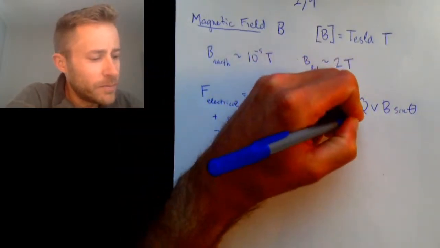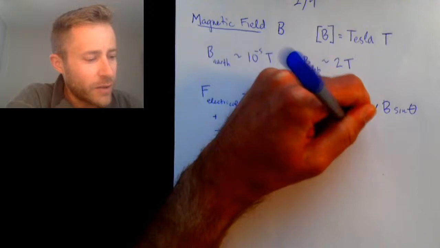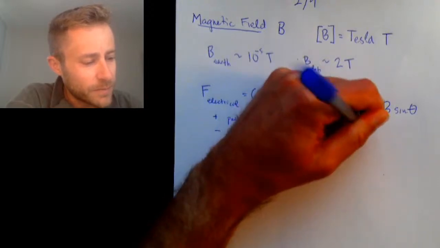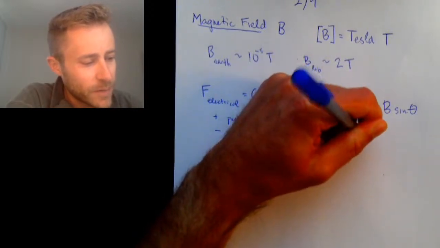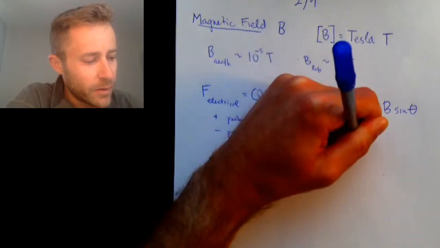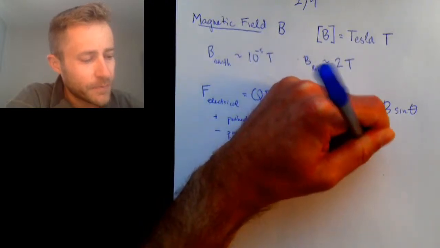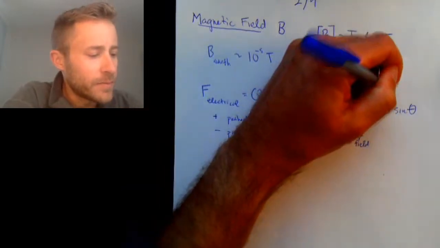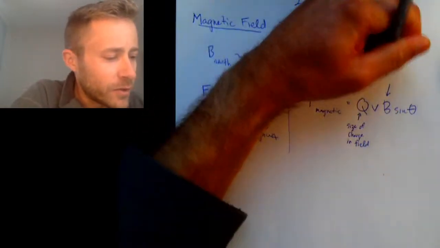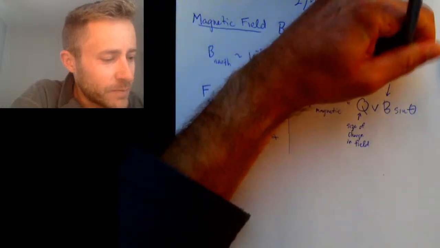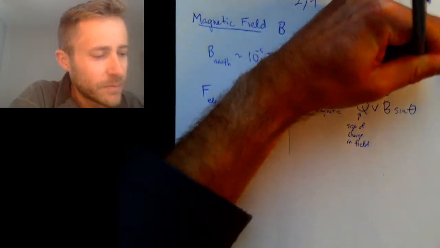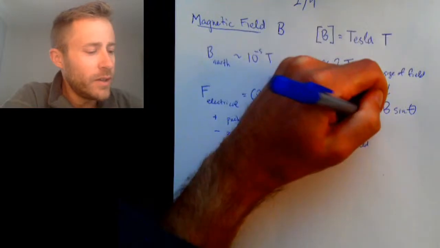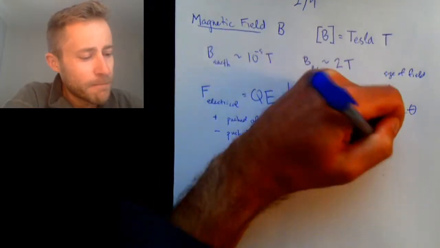So Q is the size of the charge in the field. B is the size of the field. V is the speed.